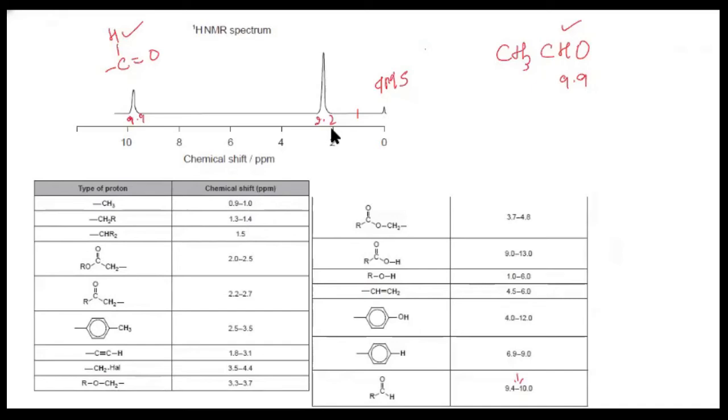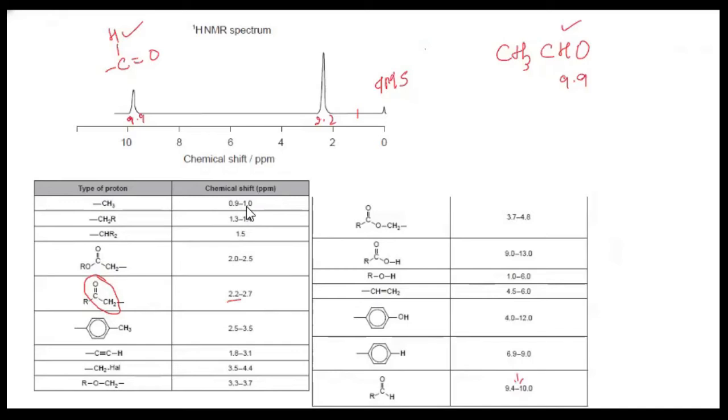That happens when we have a carbonyl group very close to the hydrogen. Only then will the peak move towards 2.2 to 2.7. I'll repeat again: CH3 is expected to be around 0.9 to 1 when there is no carbonyl around it.